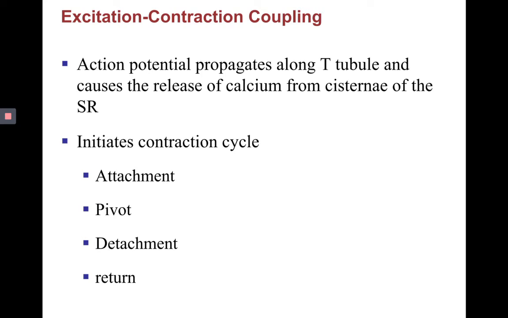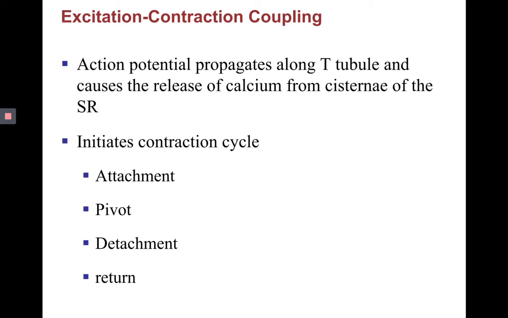And T-tubules touch or abut the endoplasmic reticulum that's in a muscle cell called the sarcoplasmic reticulum. Specifically, a T-tubule is going to touch the terminal cisternae at the triad location inside a muscle cell. This is important because the sarcoplasmic reticulum is where calcium is stored in a skeletal muscle cell.